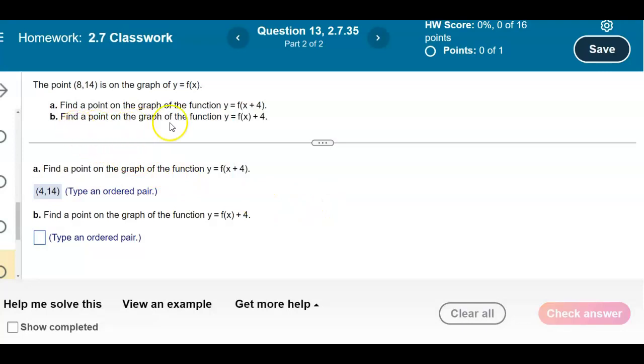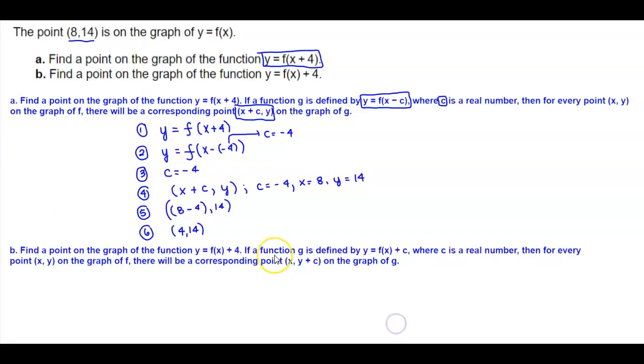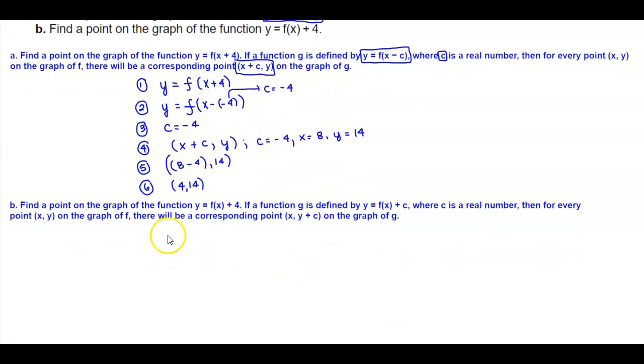Now we want to find a point on the graph of the function where y is equal to f of x plus 4. If a function g is defined by y equal to f of x plus c, where c is a real number, then for every point (x, y) on the graph of f, there will be a corresponding point (x, y plus c).